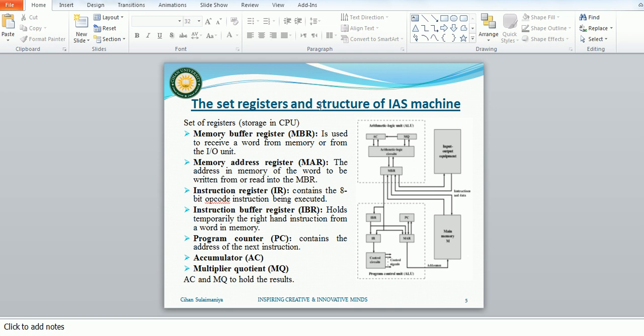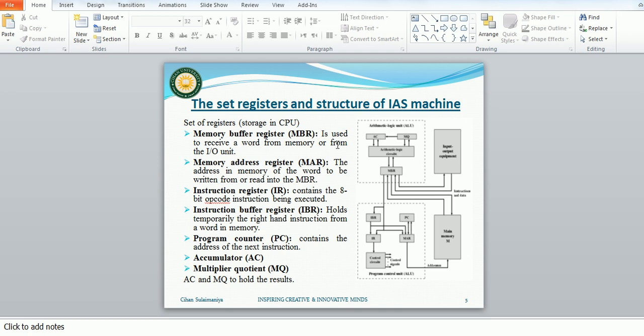So when I ask you to draw the registers of the IAS machine, draw this drawing and give the abbreviation for each: the abbreviation of MBR, of MAR, of IR, of PC.